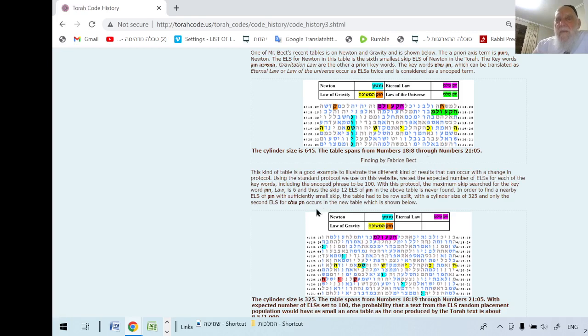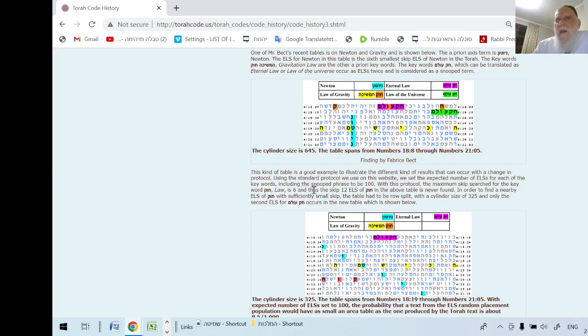This kind of table is a good example to illustrate the different kind of results that can occur with a change in protocol.